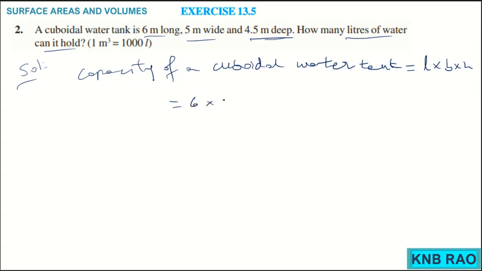So 6 into 5 into 4.5 meter cube. 6 5s are 30, 30 into 4.5.